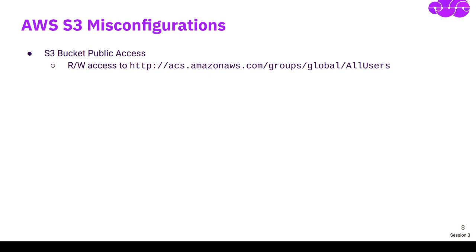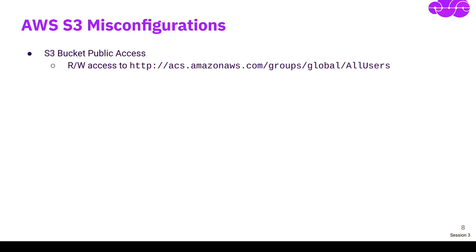But a lot of folks don't test this bucket for write access. Like what would happen if you can write to the S3 bucket, right? So the permission in that case is read-write access to this group, acs.amazonaws.com/groups/global/AllUsers.